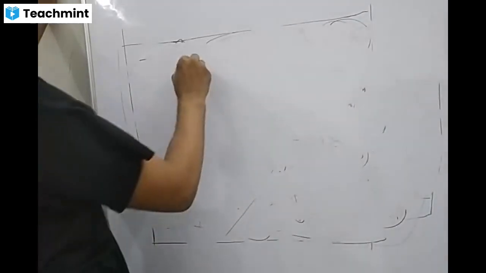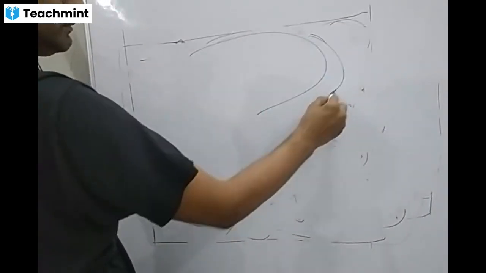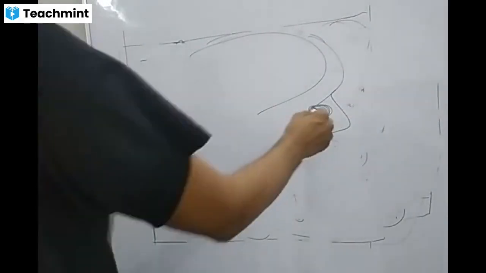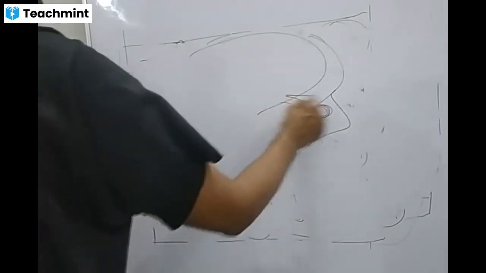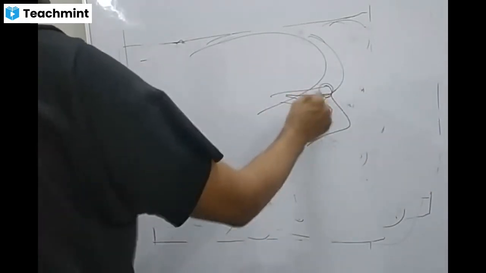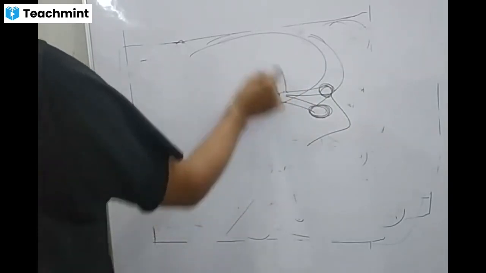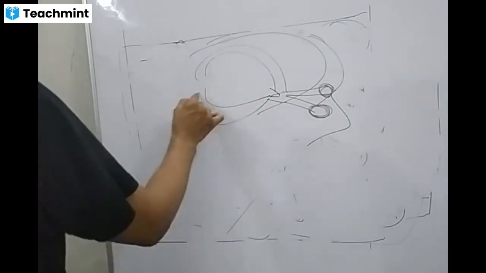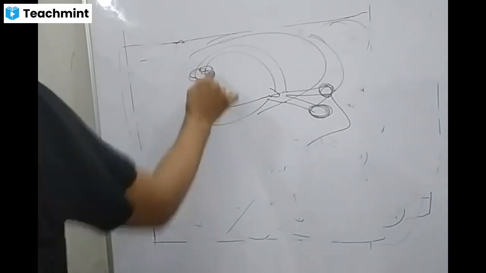If you look at the path of your visual system, these are your eyeballs, on both sides, with the optic nerves. This is the structure of your visual pathway.